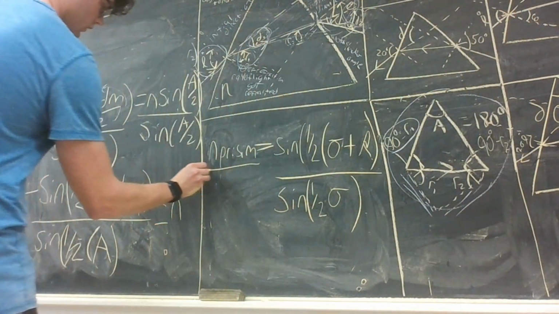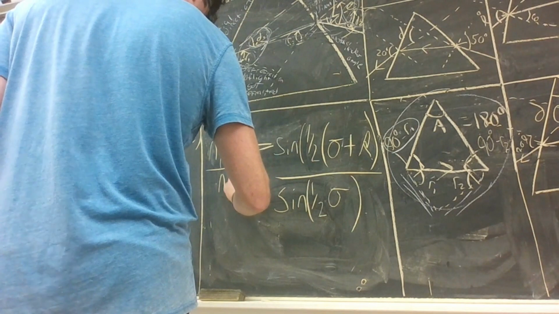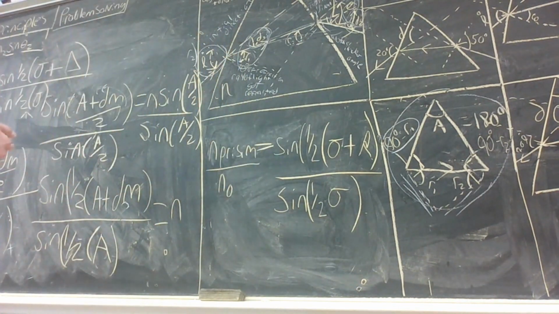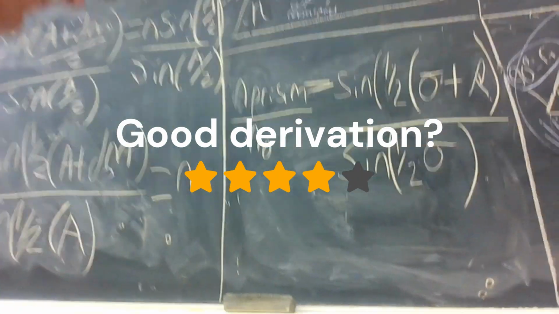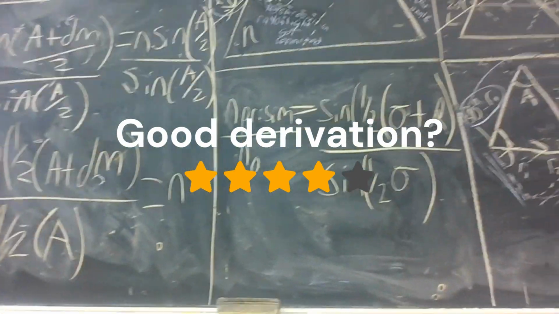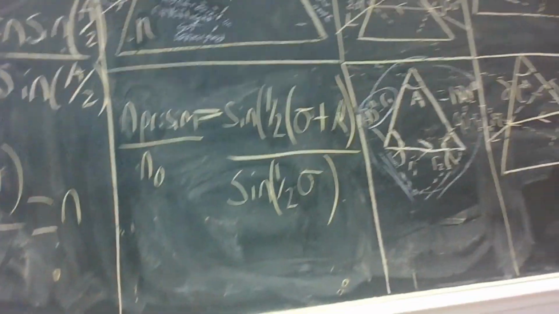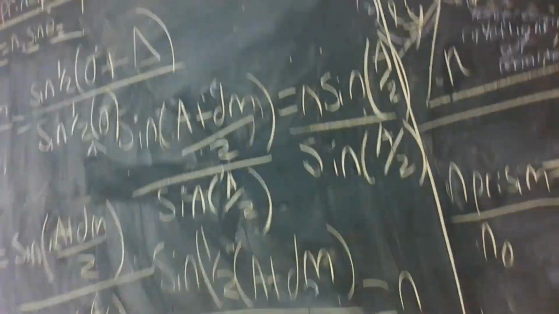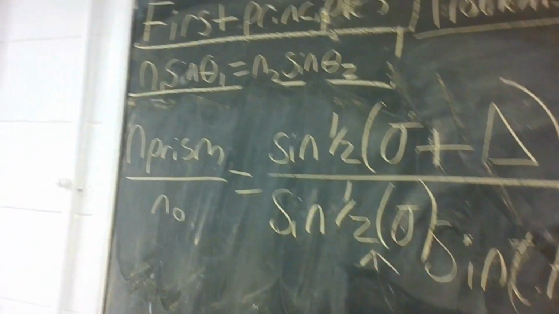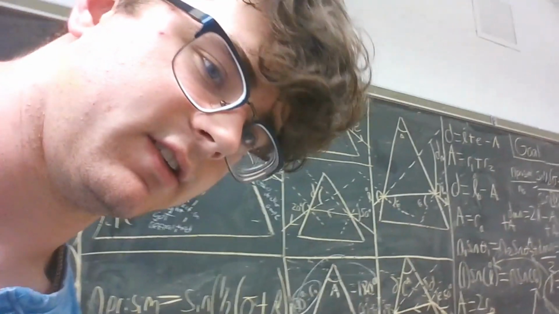And this is over n naught. And so that equation right there is equal to the goal equation. The only mistake I made in the derivation is that this is supposed to be inside the parentheses. I'll fix that real quick.